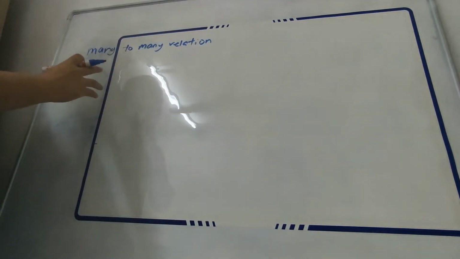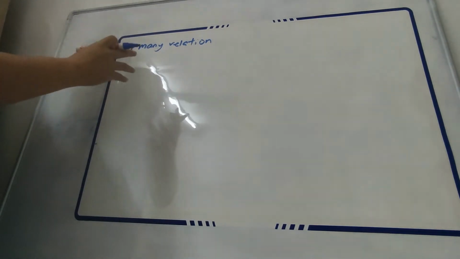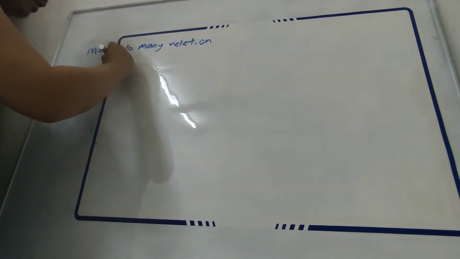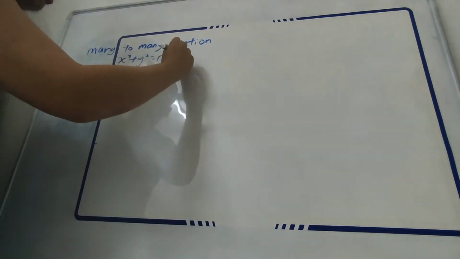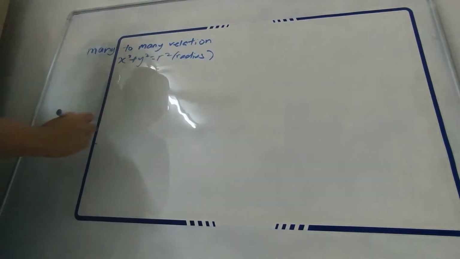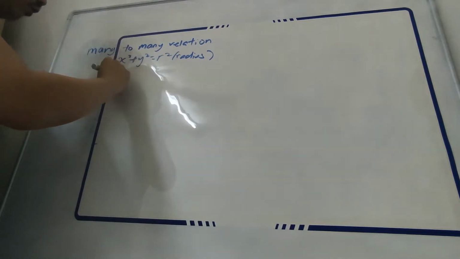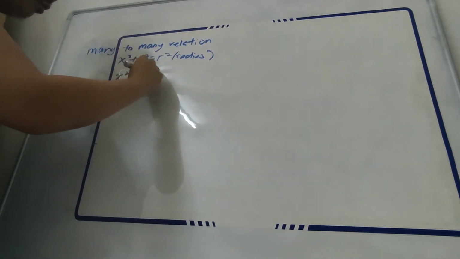One of the typical examples is the circle. The circle has an equation x squared plus y squared equals r squared. The r here is the radius of the circle. Of course you can write it in this way, but we seldom write it because it's a bit strange.